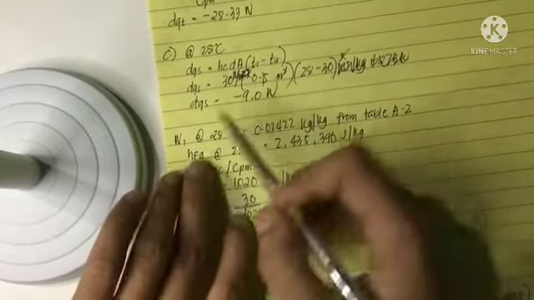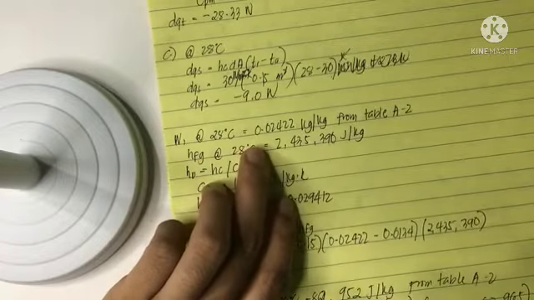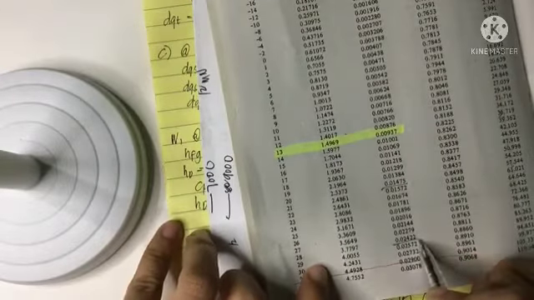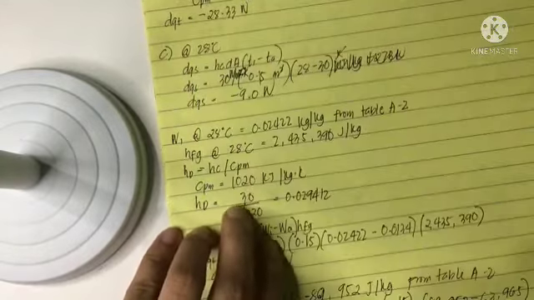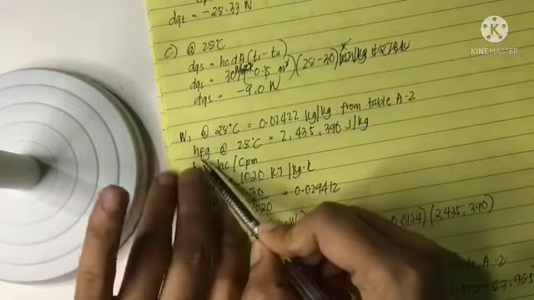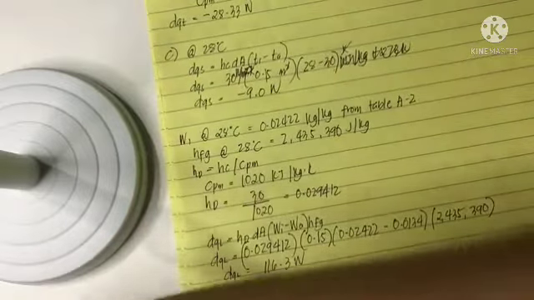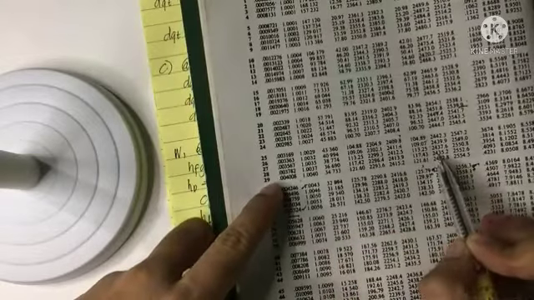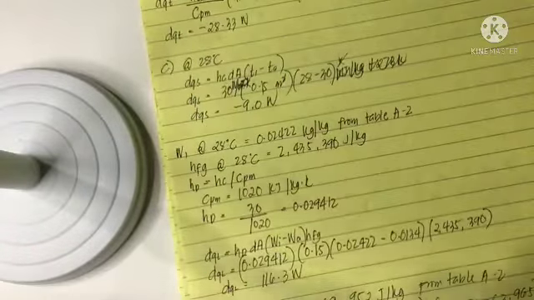Next, solving for our latent heat. So from the humidity ratio at 28 degrees Celsius, from table A2 from the book, we have 28 degrees Celsius, which is 0.02422 kilogram per kilogram. So we have your latent heat at 28 degrees Celsius, your HFG, which is 2435.2, converted into joule per kilogram.